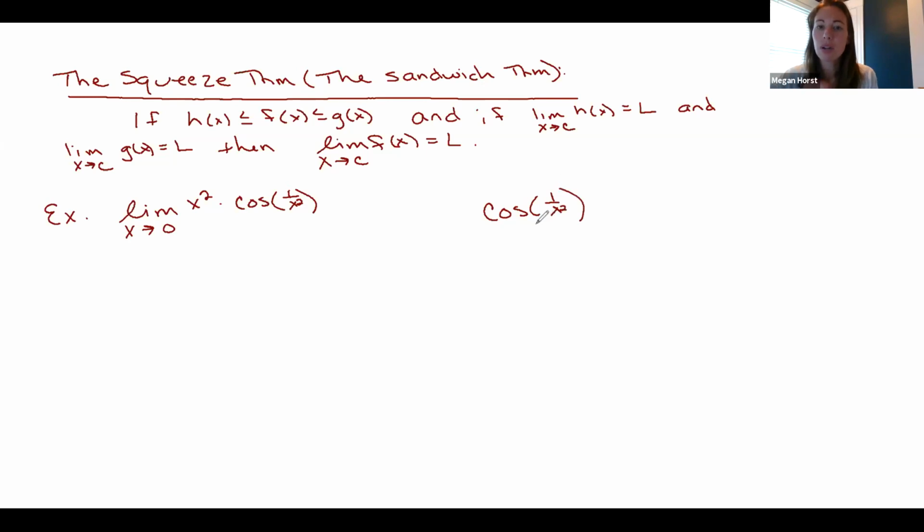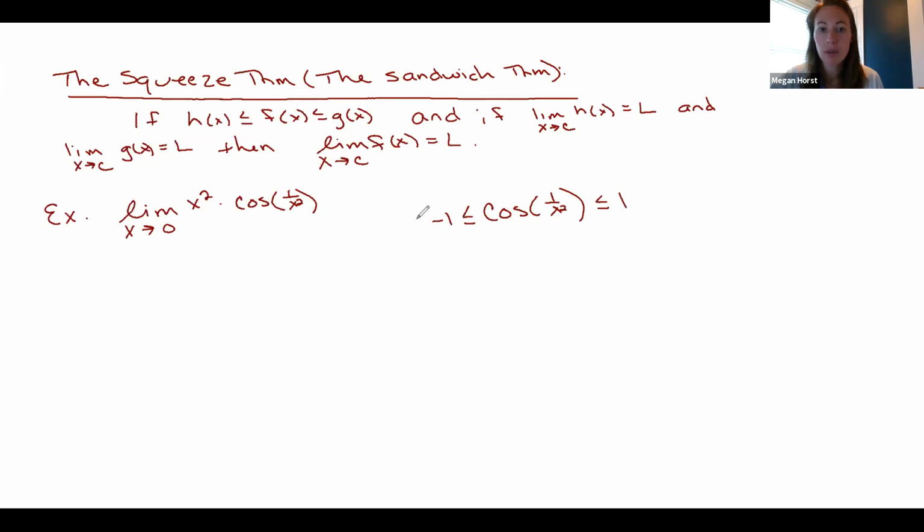And what's nice about our sandwich theorem and trig functions is that cosine and sine are actually already sandwiched between two values, right? So cosine lives between -1 and 1. It oscillates between those two values. No matter what x value I put in, I'm going to get a value greater than or equal to -1 and less than or equal to +1. But I need x squared times this.